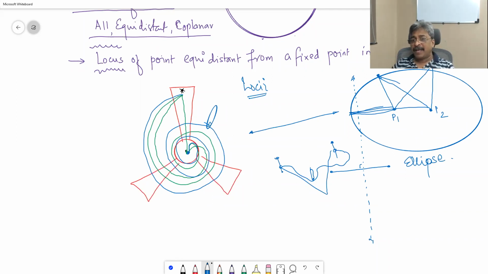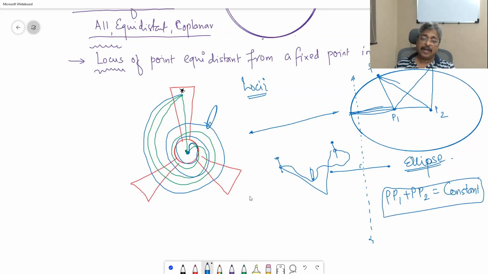So if I say that the moving point is P, then an ellipse is a locus such that PP1 plus PP2 is equal to a constant. Do you understand this? That is how the ellipse is drawn in school. Ellipse.